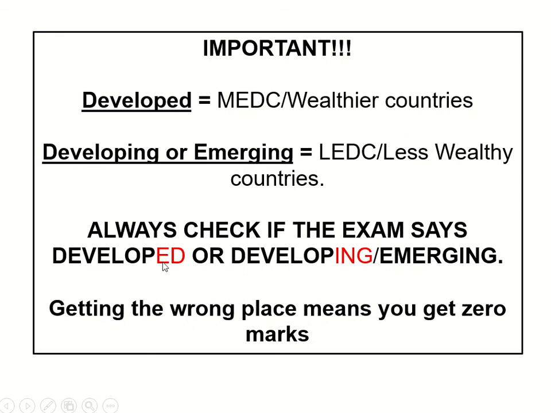So just be mindful that that last little part of the word is really, really critical when it comes to exam questions. So the reason we look at a developed city and a developing city is there are big differences, or some differences anyway, in how they've grown and the rate of growth and some of the problems that they each face.